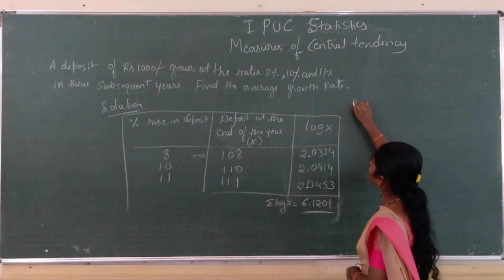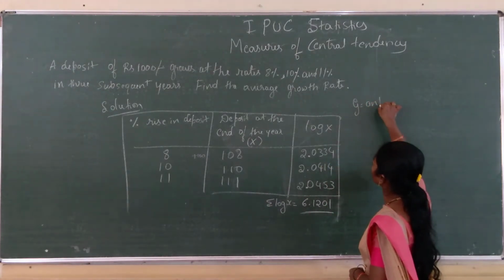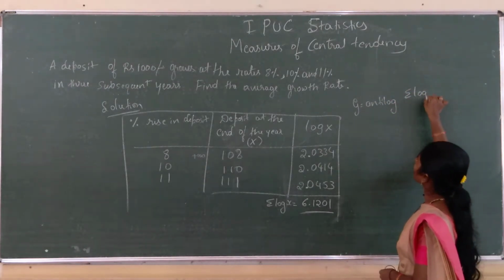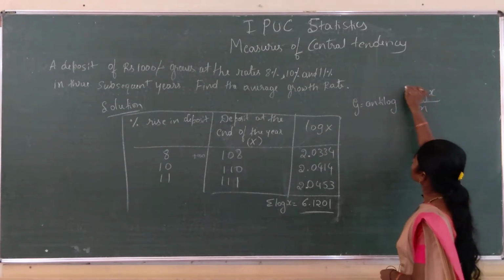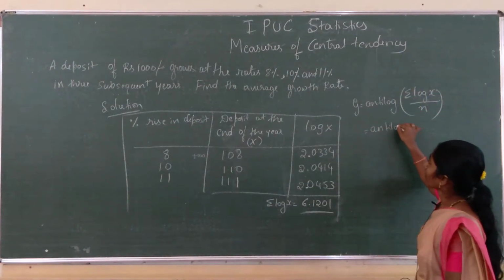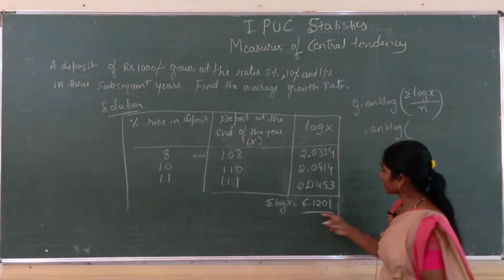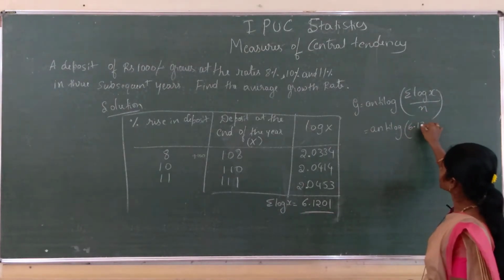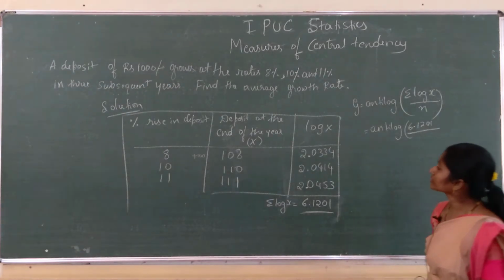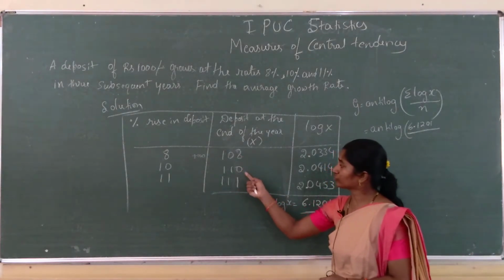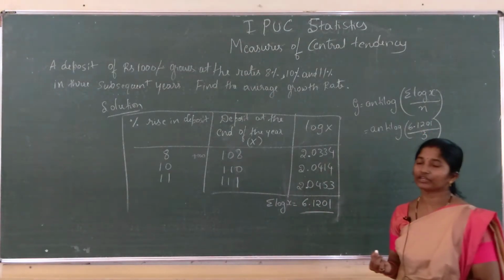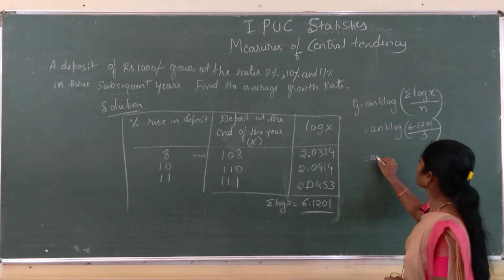Geometric mean G equal to antilog of summation log x divided by n. Antilog of the log x value here, 6.1201 divided by n. How many values are given here? 1, 2 and 3 values are given. Divide by 3.